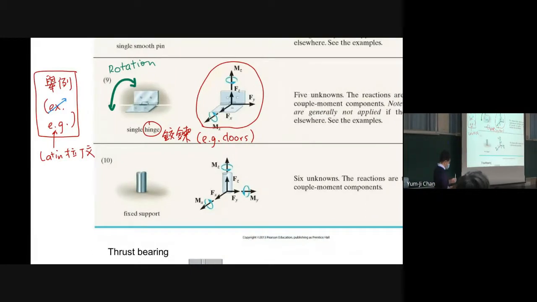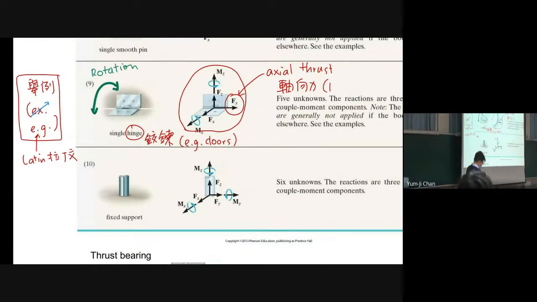Among these 5, this one is called the axial thrust, because it is along the axis of the hinge. And you will see this word in problem 4.105.